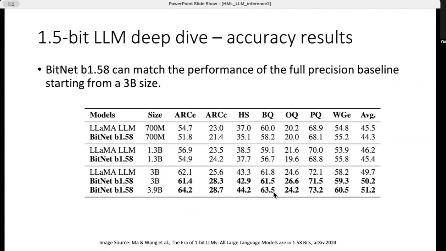I don't know how they train, but sometimes maybe it can help prevent overfitting here. But it shows that replacing all the linear layers with 1.5-bit and then fine-tuning the model based on the training data set, the performance actually improves, or is at least comparable once the model size reaches 3 billion parameters.